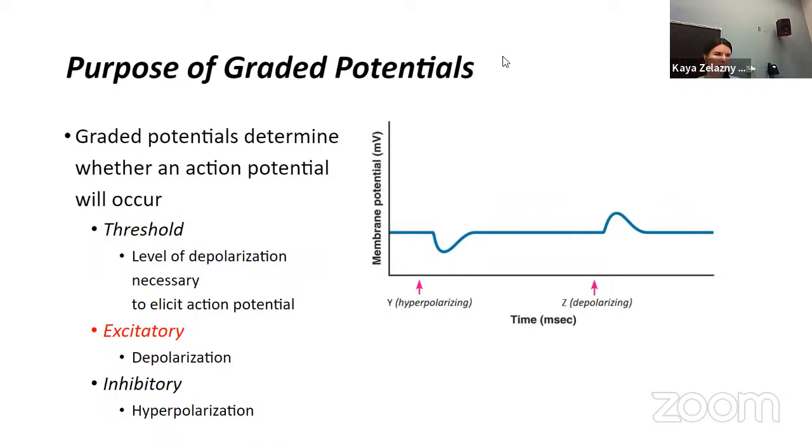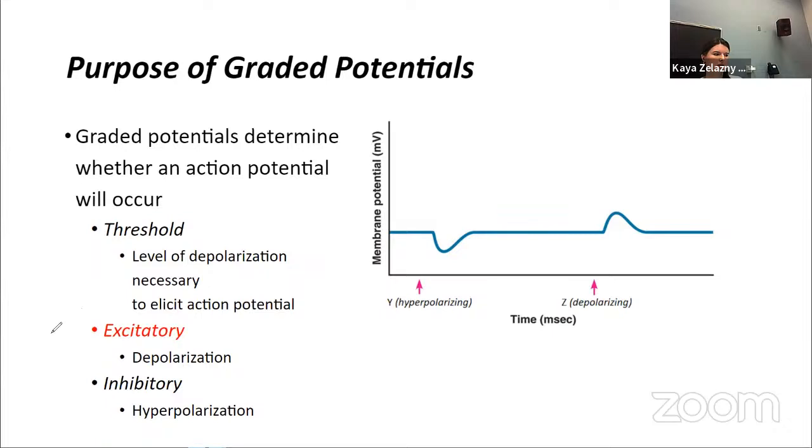All right. So when we say that something is excitatory, the cell's getting excited. This means we're making it more likely that an action potential is going to happen. So that means we need to get closer to the threshold, right? So imagine our threshold is here. Getting closer to that threshold means we're going up, right?